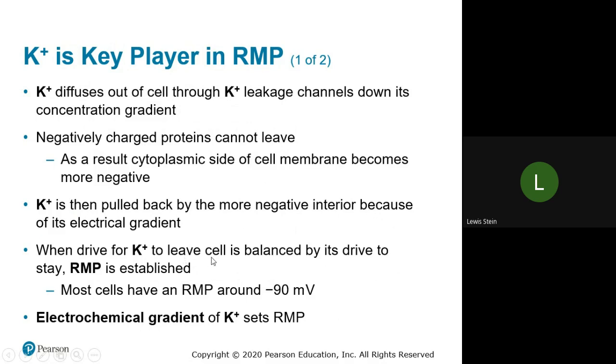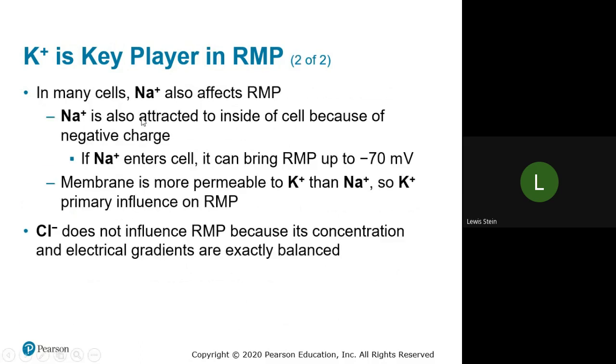The drive for potassium to leave the cell is balanced by the drive to stay in, and that's the resting membrane potential. So really, the electrochemical gradient, the relationship, and that's why I'll say it again and again, the importance of potassium is that it's an alarm clock for a physician of monumental proportions.